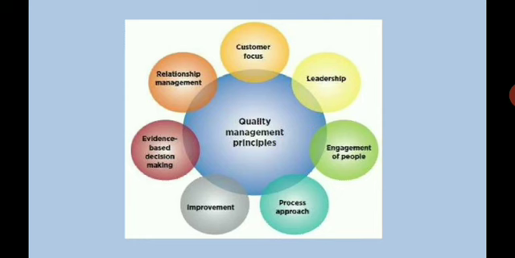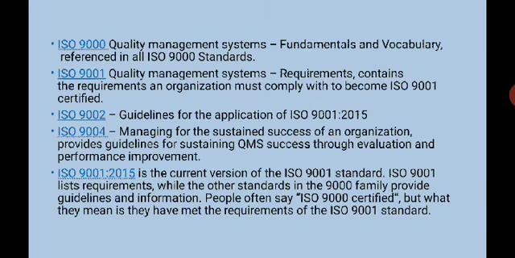So there are these various quality management principles: customer focus, leadership, engagement of people, process approach, improvement, evidence-based decision making, relationship management. All these quality management principles you are supposed to follow. So we have ISO 9000. This is the quality management system fundamentals and vocabulary, and this is the one that is referenced in all ISO 9000 standards.